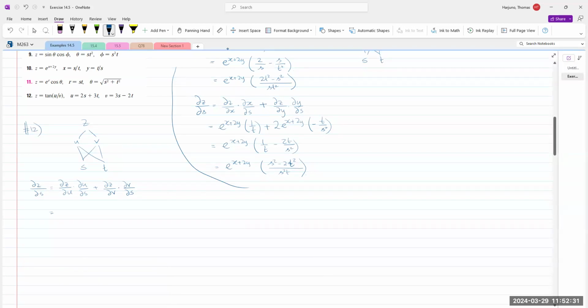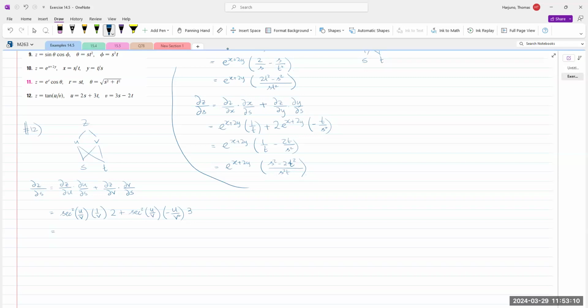So ∂z/∂u, the derivative of tangent is secant squared of u over v, times the derivative with respect to u, that's 1 over v, and then ∂u/∂s, that's 2, plus ∂z/∂v, that is secant squared of u over v times negative u over v squared, times the derivative of v with respect to s, that's 3.